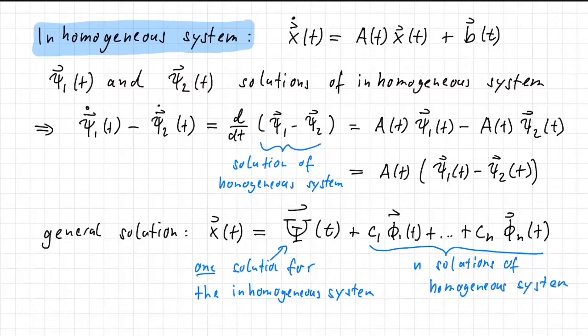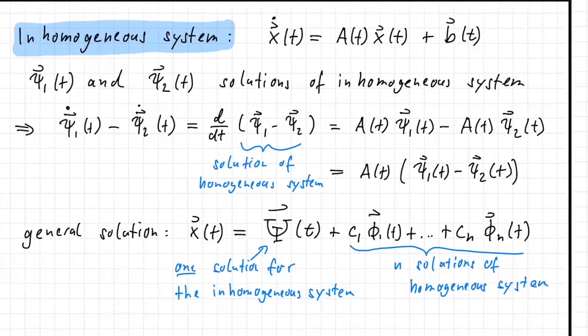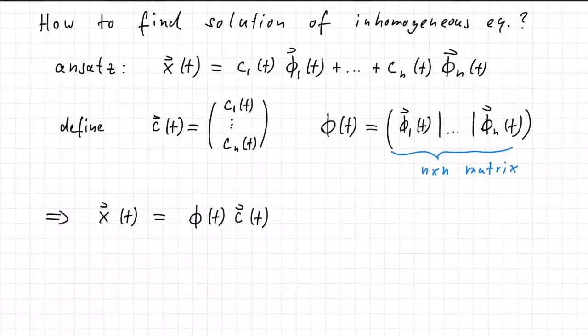And it turns out there is a nice trick for how you can do that. For that, you need the solutions of the homogeneous system. So we make a little ansatz: x of t equals c1 of t times phi 1 of t plus up to cn of t times phi n of t, and all the other terms in between.